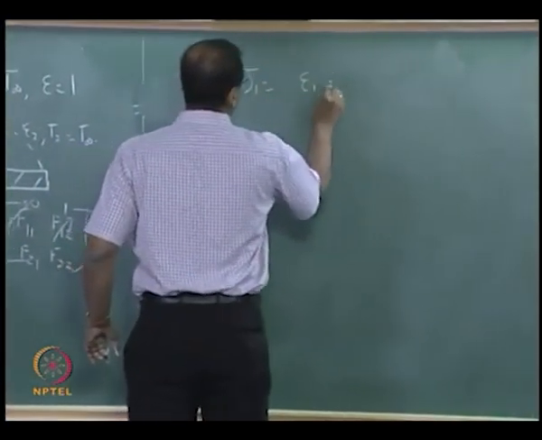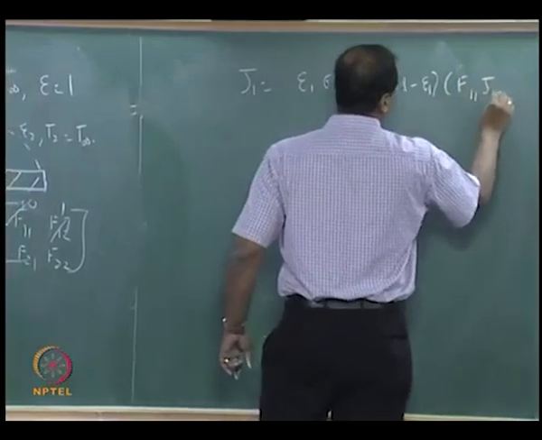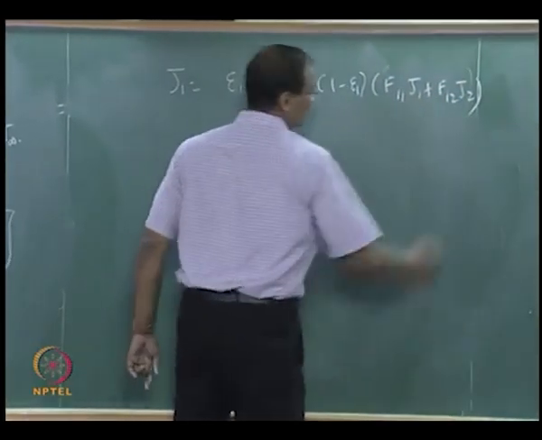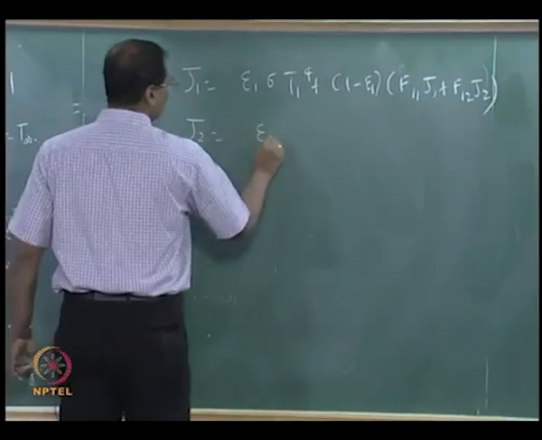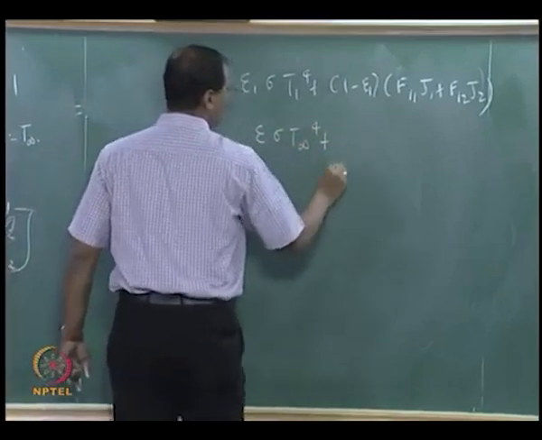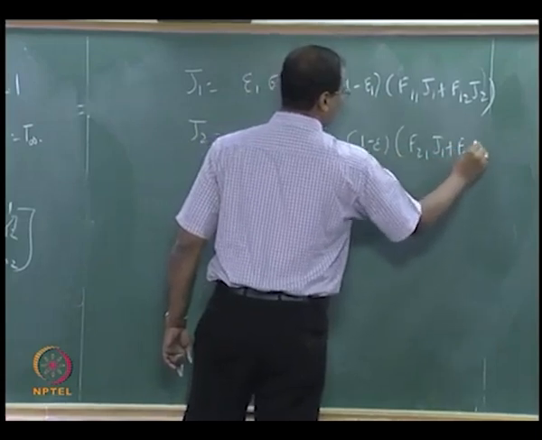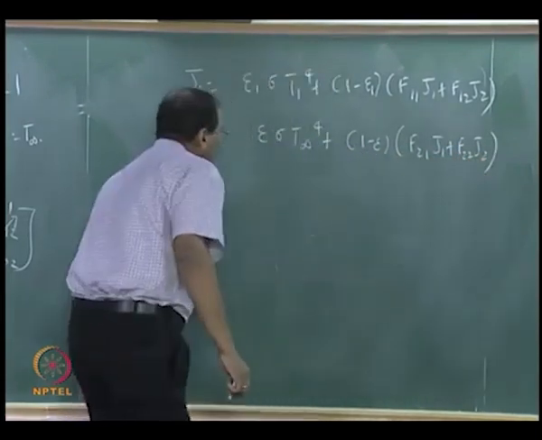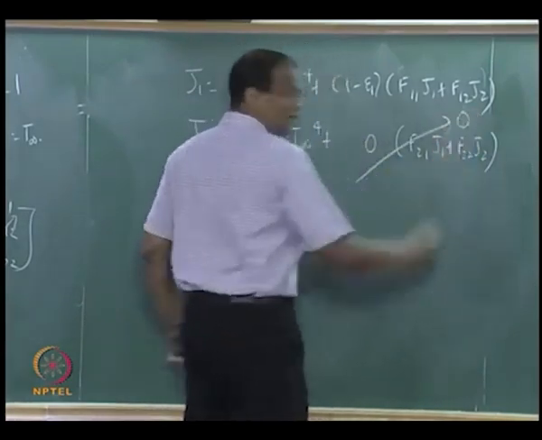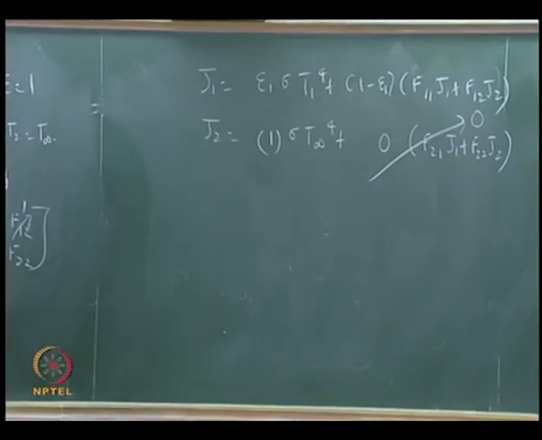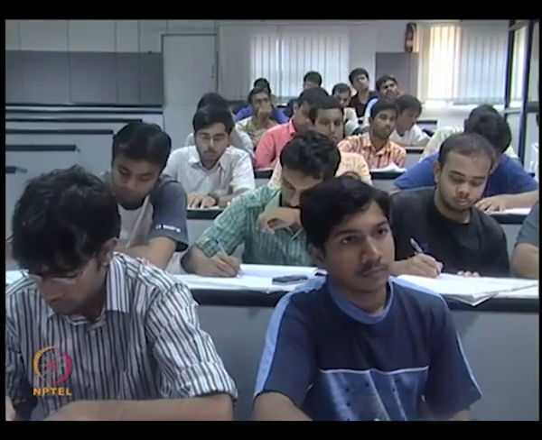J1, this is 1, that gets knocked off, because the emissivity of the surroundings is considered to be 1.